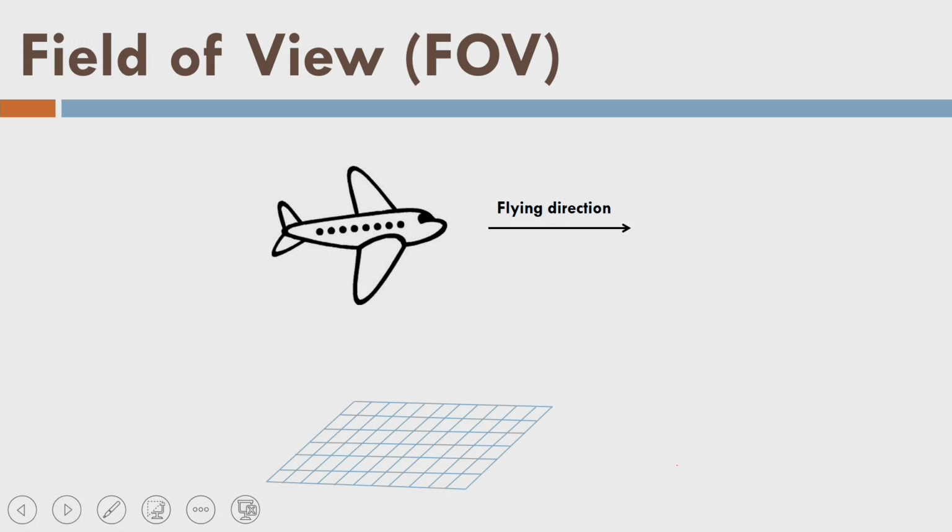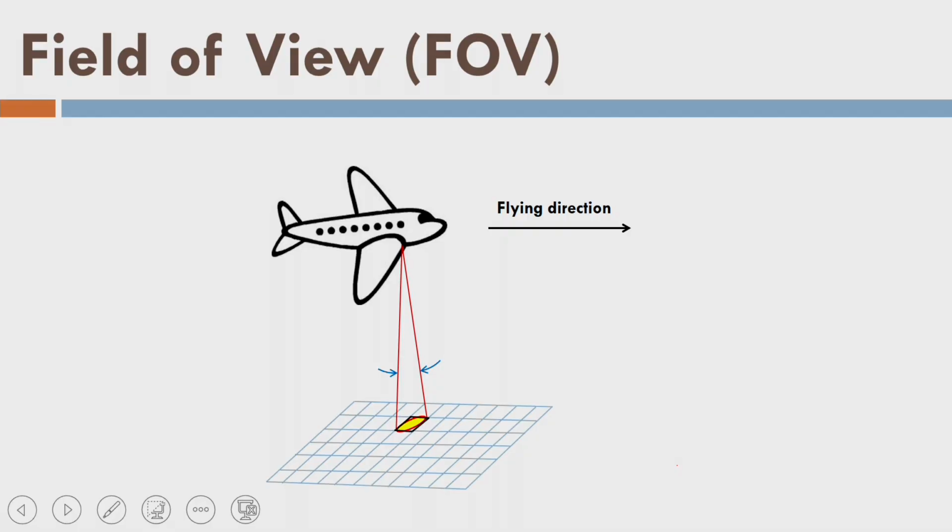Similarly, we have another field of view which is called the field of view across the track, or across the flying direction. Now if you look again at the one GSD, this pixel on the ground is going to subtend some angle on the camera or on the sensor. Let us see, this is the angle there. Each pixel is subtending some angle on the sensor surface or the camera perspective center.